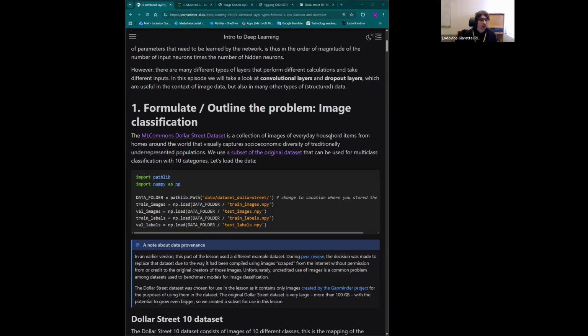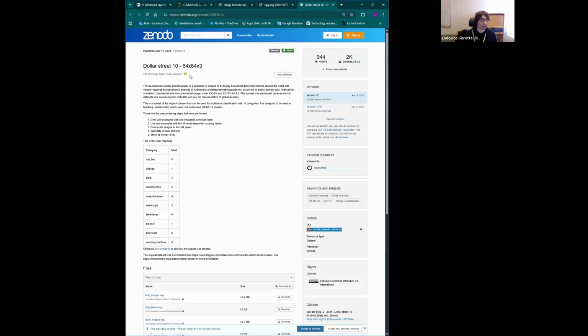We will use a dataset called Dollar Street, and specifically a subset of it that you can download from the link here in the lesson. It's already downloaded for you if you're on Lumi. If you're running locally, you can just click on this link. It will bring you to a page that looks a little bit like this.